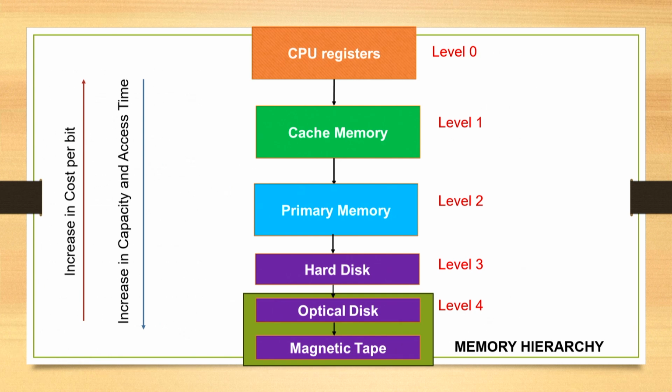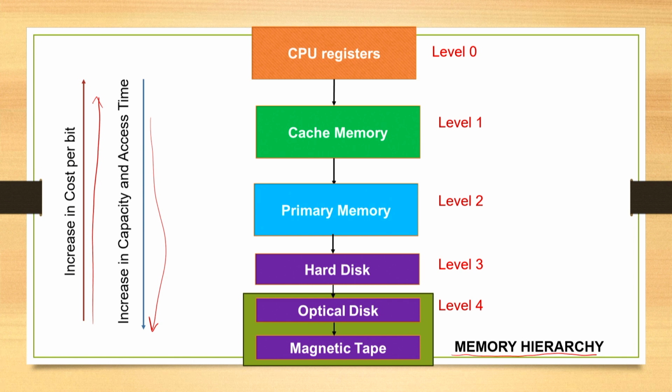From here itself you can see that once we go down from CPU register to the optical disk and magnetic tape, the capacity and the access time increase. While when we move from magnetic tape towards the CPU register, the cost per unit increases. So this was all about the memory hierarchy.